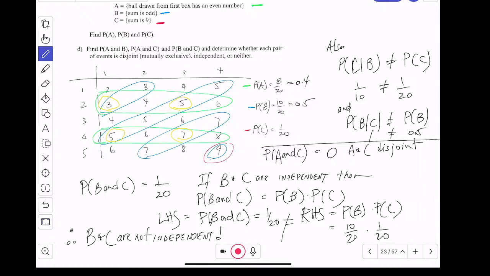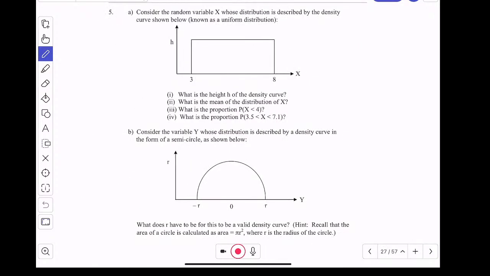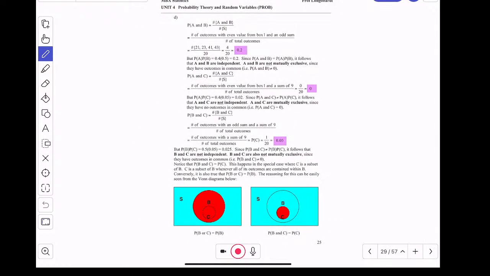All right, so that's that exercise. And then there are some visualizations where they put them together as events, and they show you that A and B are overlapping. They don't show you the demonstration, but when it comes to B and C, they mention that C is completely inside of B. So these are not even overlapping events.